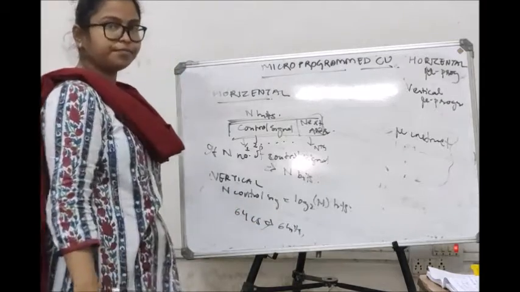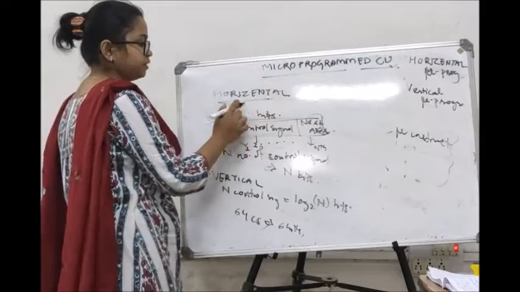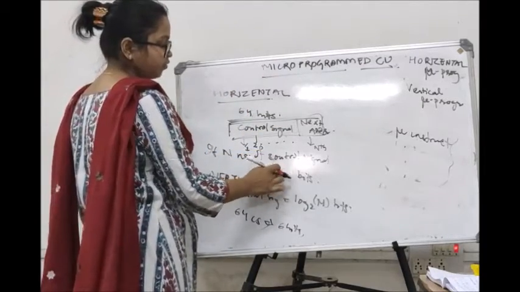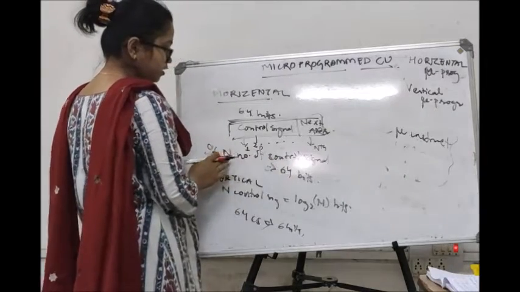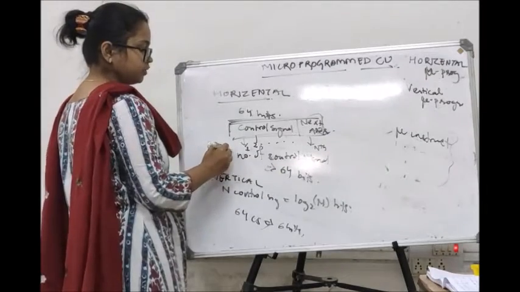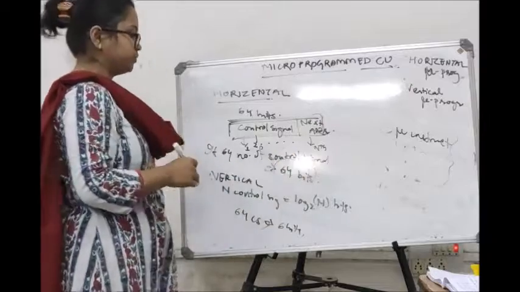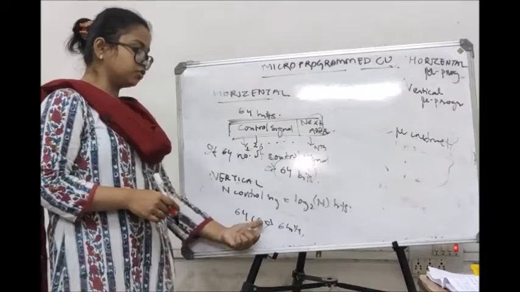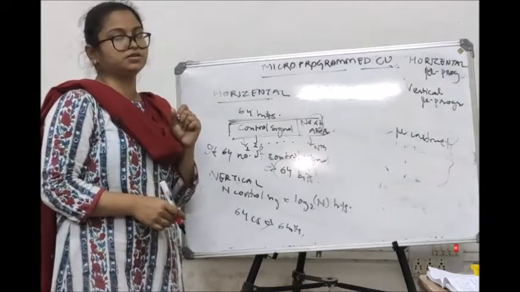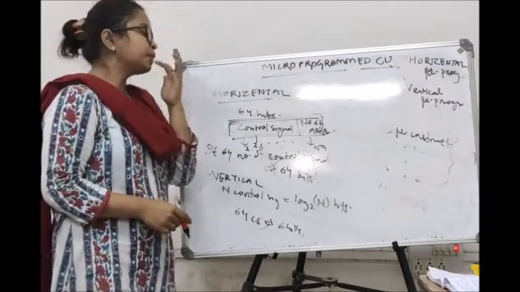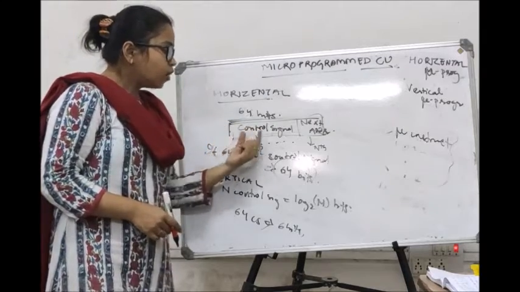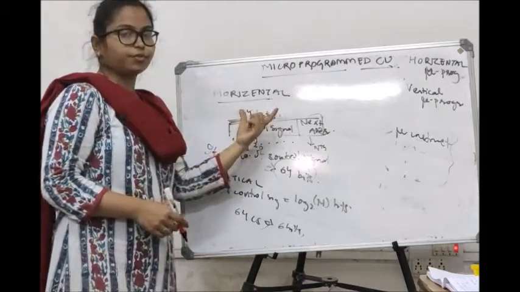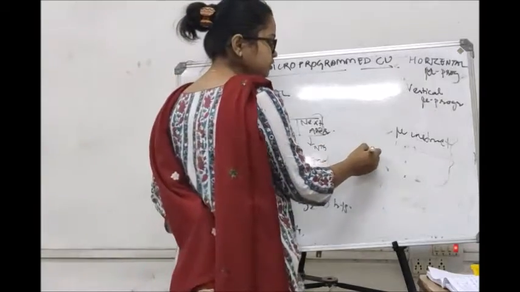Now you may ask how, ma'am? In horizontal, if there are 64 control signals, we need 64 bits.